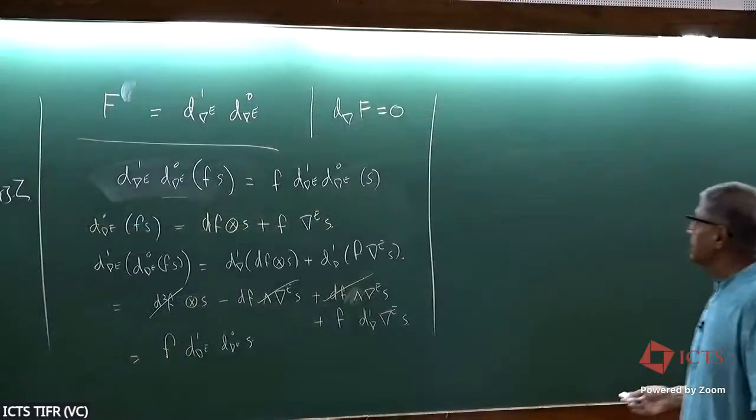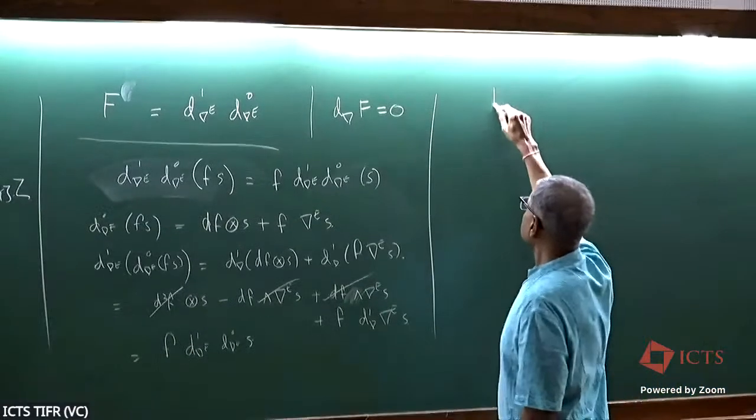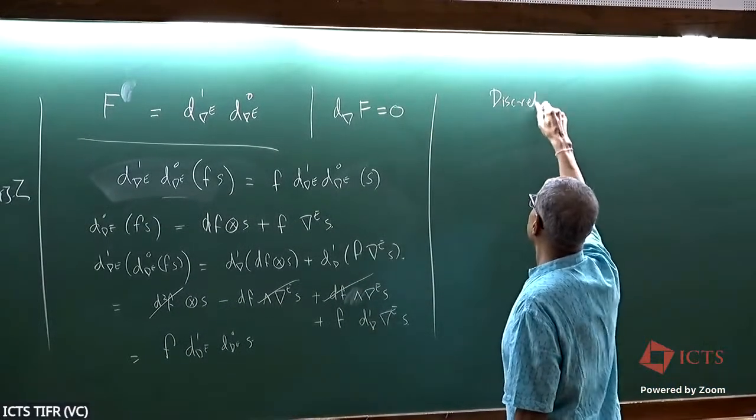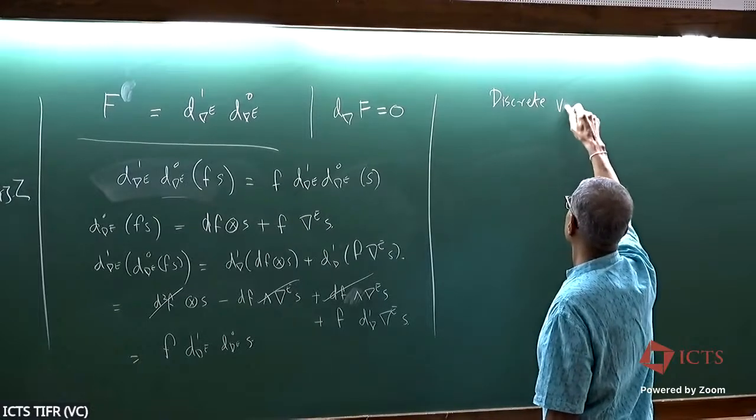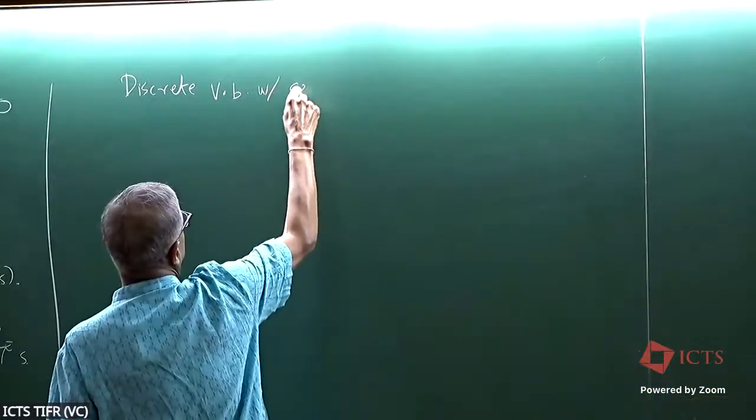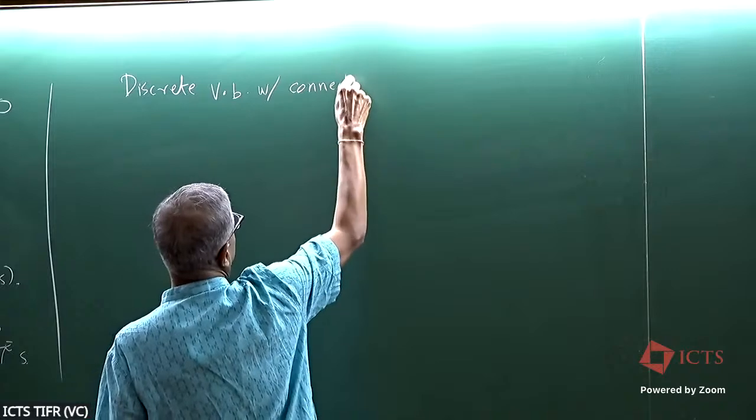So let's now talk about a much simpler picture, which is discrete vector bundles with connection. Discrete connection.